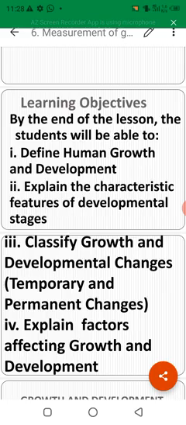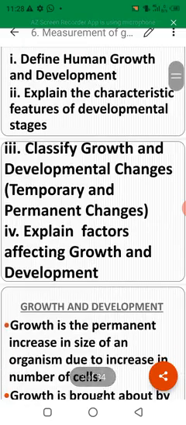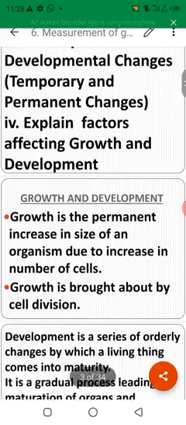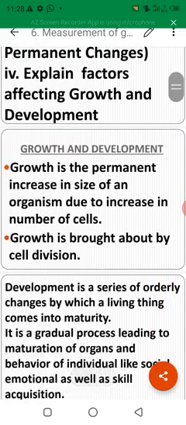Number two, explain the characteristic features of developmental stages. Number three, classify growth and developmental changes. Number four, explain factors affecting growth and development. So let's start right now.